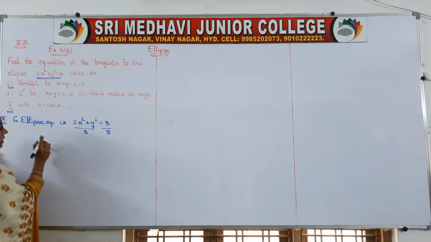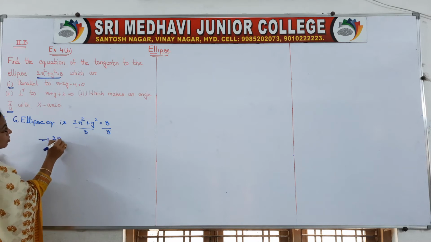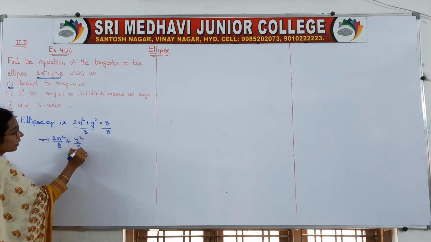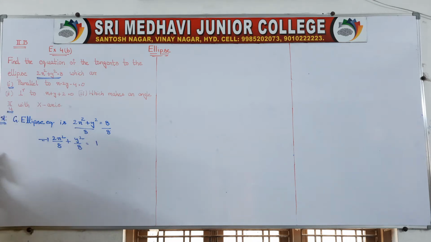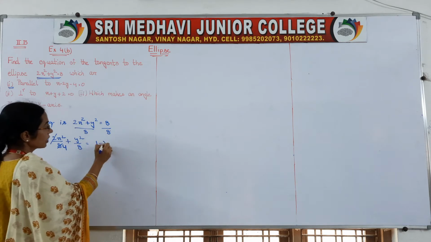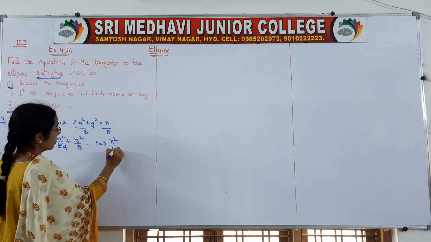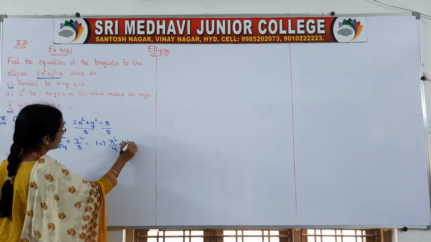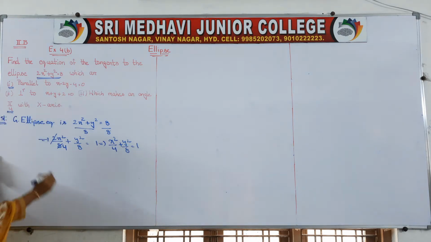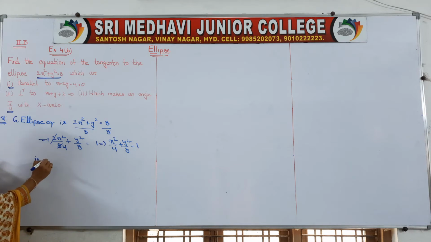So then write separately 2x square by 8 plus y square by 8 is equal to 1. So 2 ones are 2, 4s. So what is your equation now? x square by 4 plus y square by 8 is equal to 1. It is in the standard form, right?